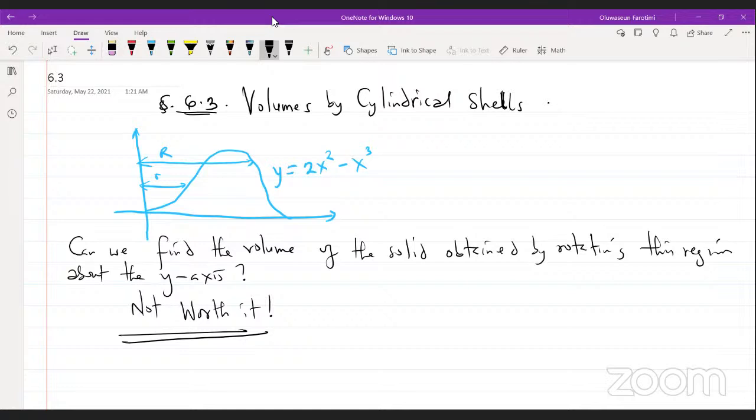The idea of inner radius and outer radius does not work in this case, especially because you have to solve this for x. How do you do that? Y is non-zero. How do you solve this for x? That's practically impossible, right?